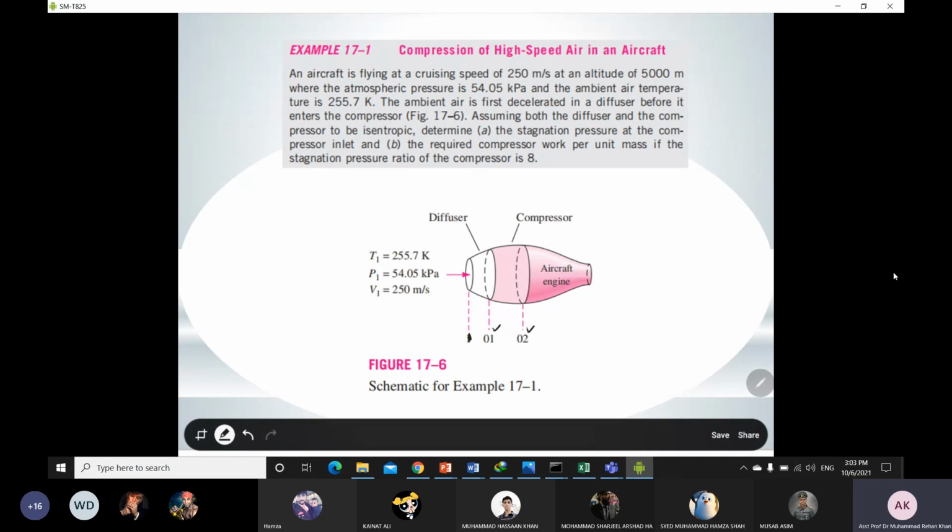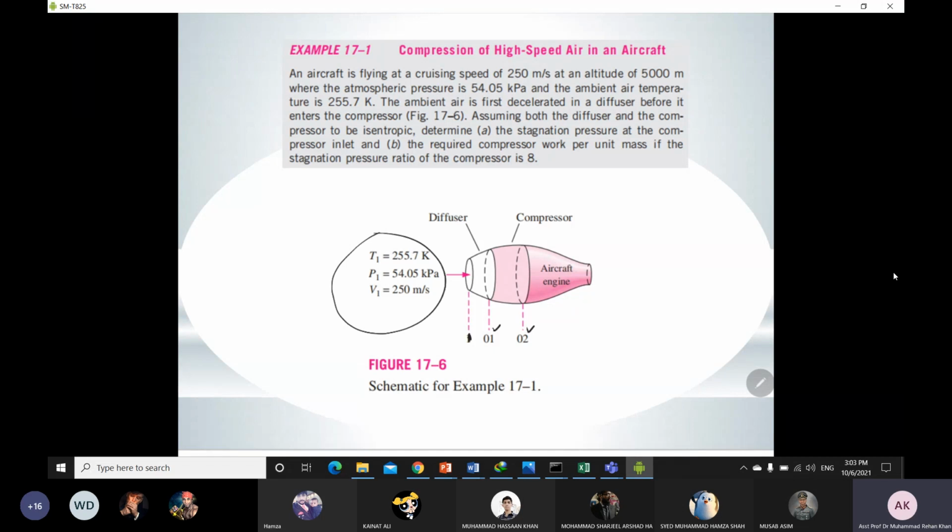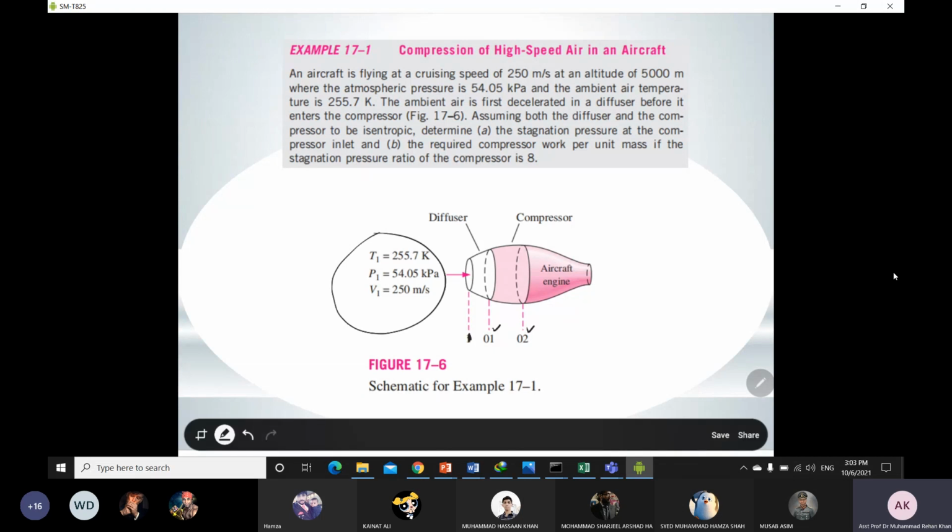So here it is mentioned that inlet is 1, exit of the diffuser, or inlet of the compressor, is 0 1, and outlet of the compressor is 0 2. So all the properties at the inlet are known to us.